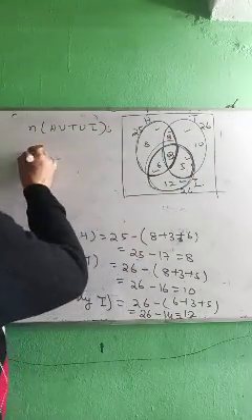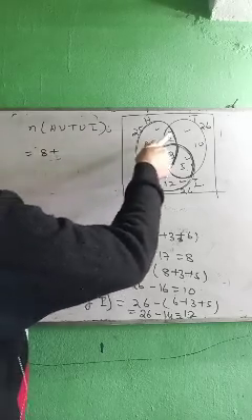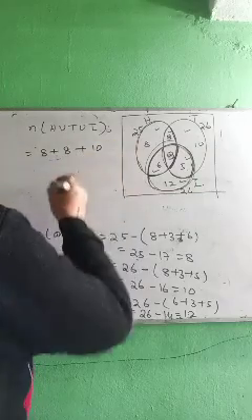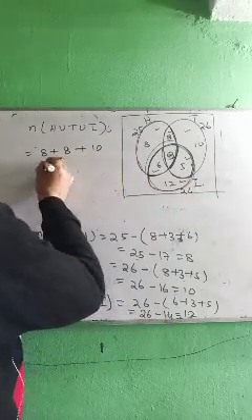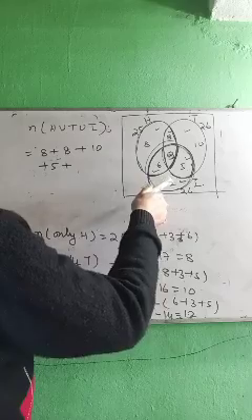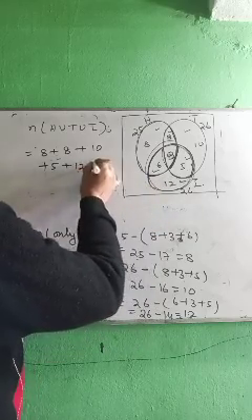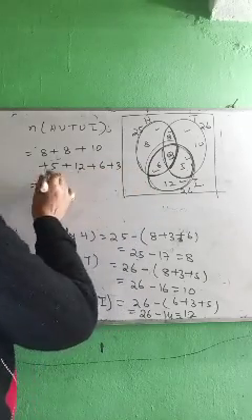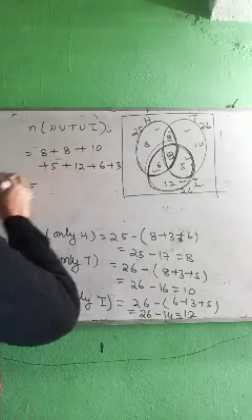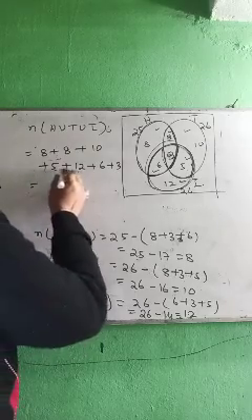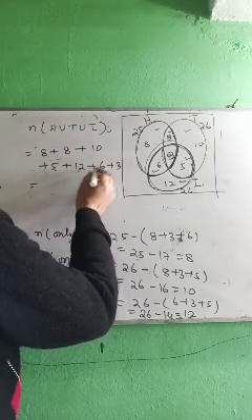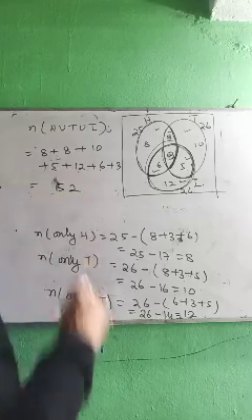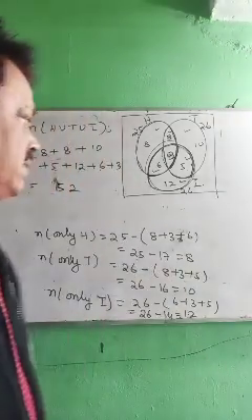That means 8 plus 8 plus 10 plus 5 plus 12 plus 6 plus 3. Add it. 16 plus 10 is 26, so 52. So this is also the second method.